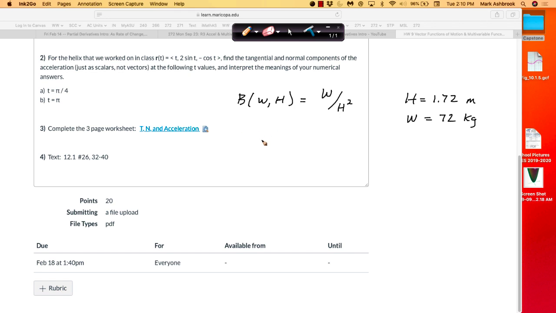So we've already started, let's talk about this one. How would we plug values in? We can represent the body mass index without doing anything, by just writing B of 72, 1.72. This does not necessarily mean you have to do something. You could just leave it at this. This is the value of the body mass index when the height is 1.72 meters and the weight is 72 kilograms.